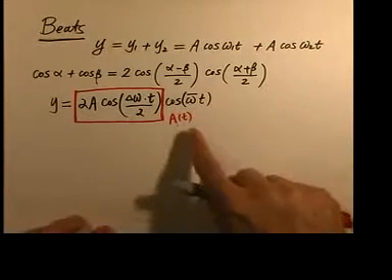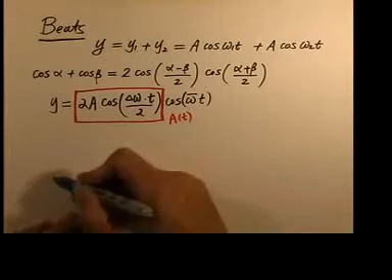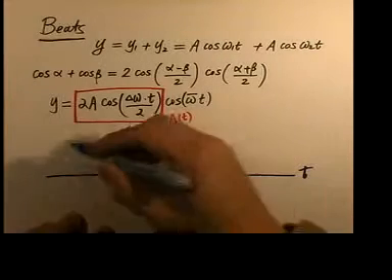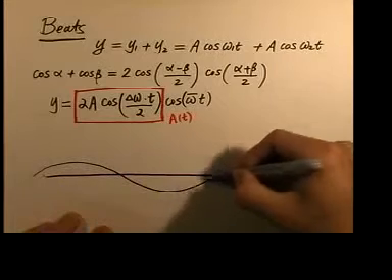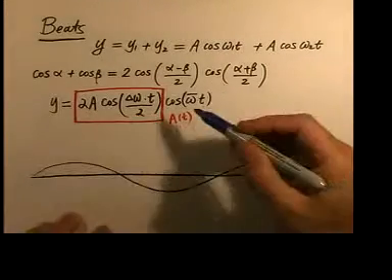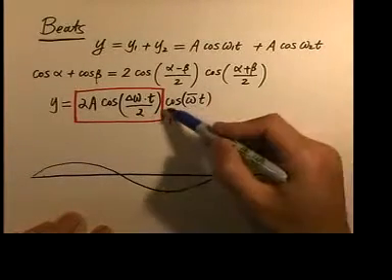Now, if we plot A(t) as a function of time, you find a slow varying function of time. Here is the t-axis. This is the slow varying function. So it's like this. But of course, something's going on when the amplitude changes, right? And that is there is a cosine function.